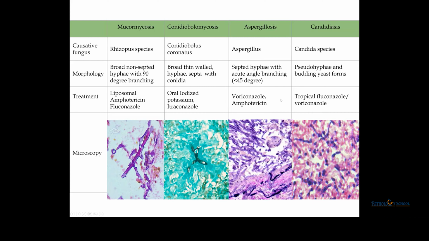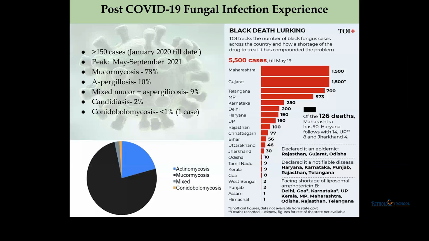Aspergillus and Candida species can very well be differentiated on microscopy depending on their septate nature, and in Candida, pseudohyphae. But due to the overlapping features of mucor and conidiobolomycosis, it is very difficult to classify them. But it is very important to classify them because the line of management for each fungus is different.